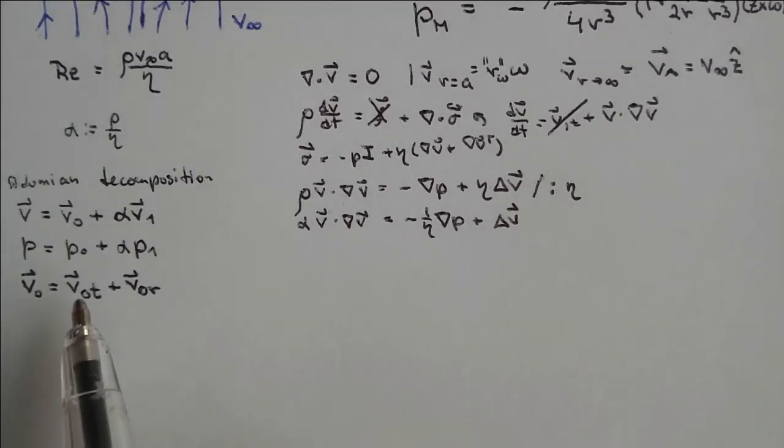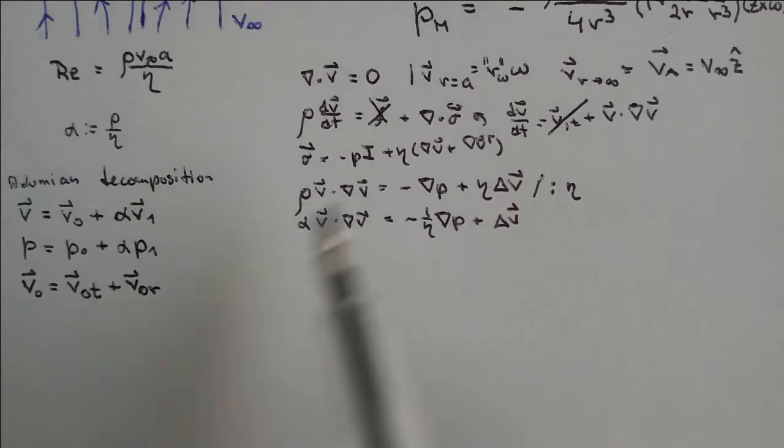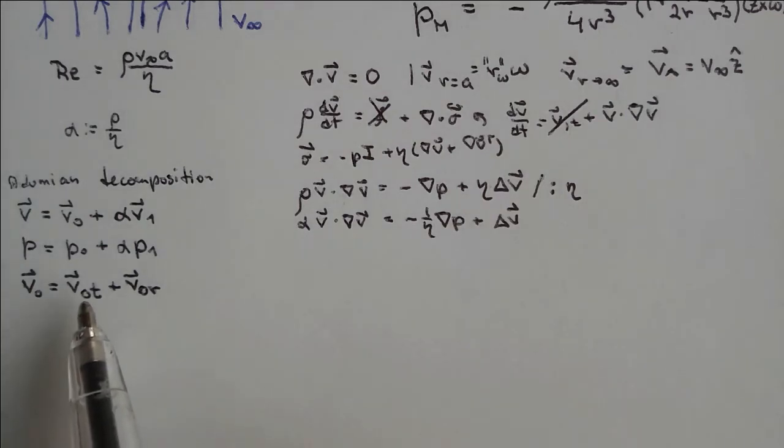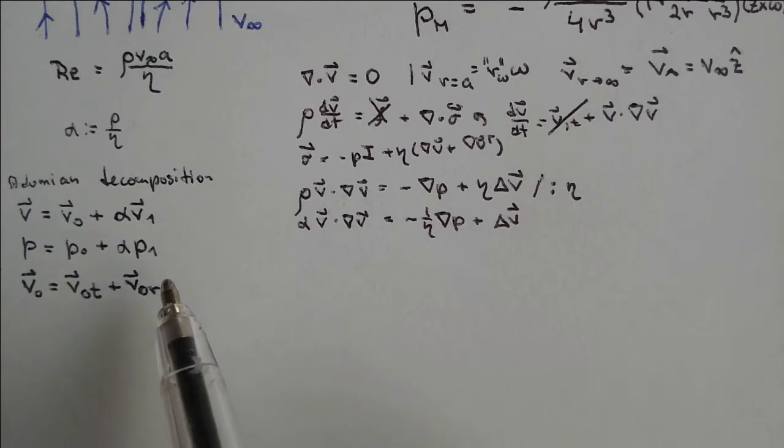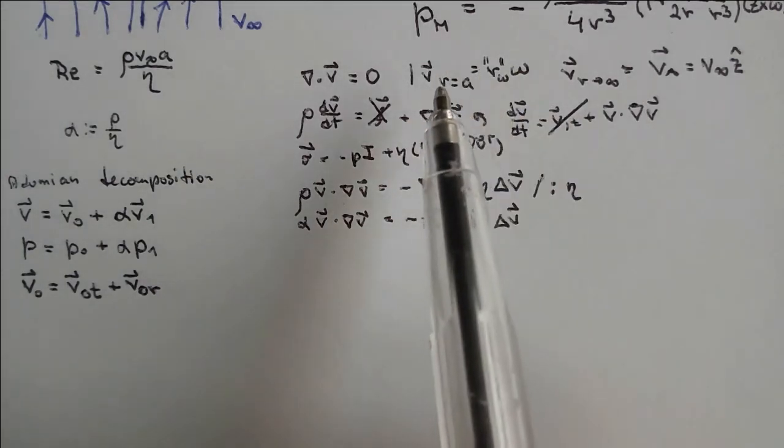This part is at infinity equal to V infinity, so this boundary condition checks for this part, and for r equal to a it's 0, and this part is quite the opposite. The second boundary condition is satisfied as well.